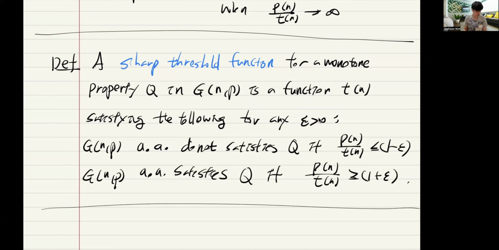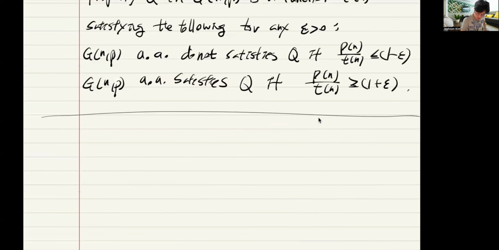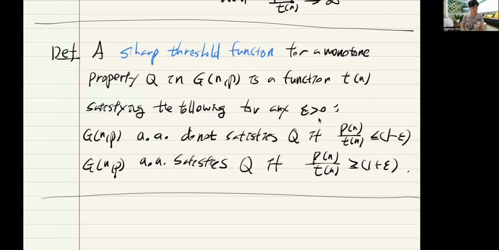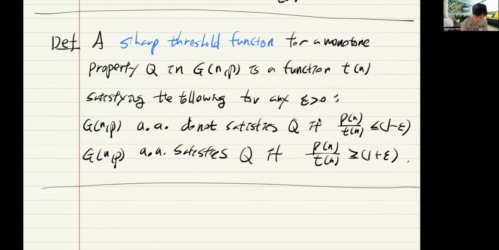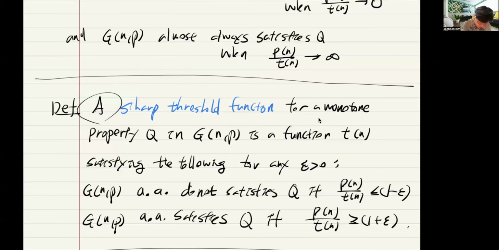So the latter case is more sharp, right? Here, this function has to be much bigger than this. This time some large constant is not sufficient. This time some function which goes to 0, and this time some function which goes to infinity is required. But if this is much more sensitive, then we say this is a sharp threshold. Note that a sharp threshold function is also a threshold function.